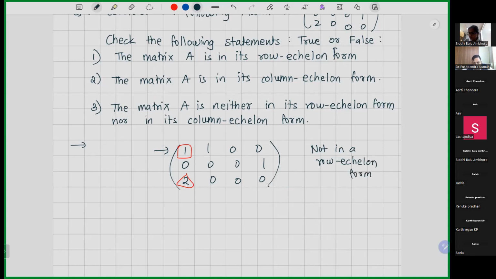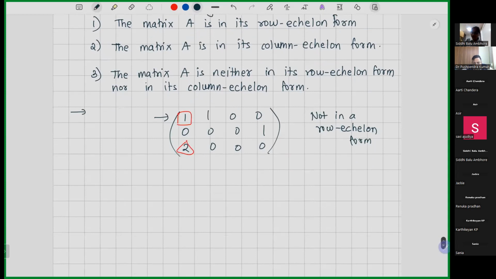Now we will check for column echelon. It is again 1 1 0 0 0 1 0 0 0 1 and 2 0 0 0. Is it a column echelon matrix or not?